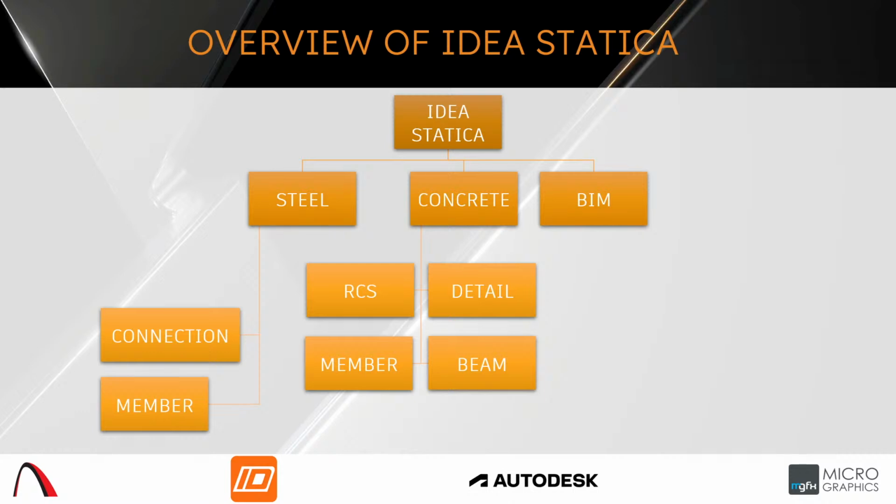Then we've got concrete, and within concrete, we've got RCS, we've got detail, we've got member, and we've got beam. And then Andres will be looking at the detail aspect of the concrete modules. And then right at the end, we'll cover a little bit on the BIM wing.